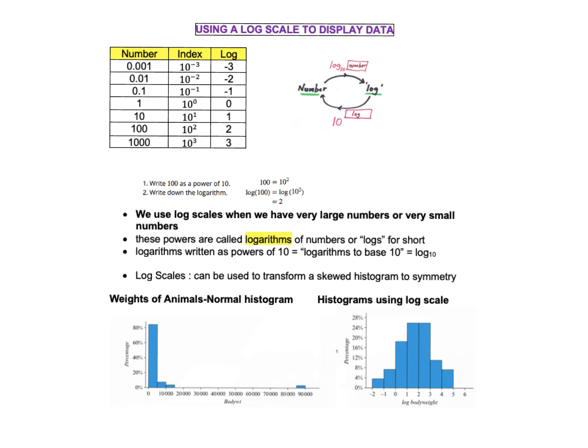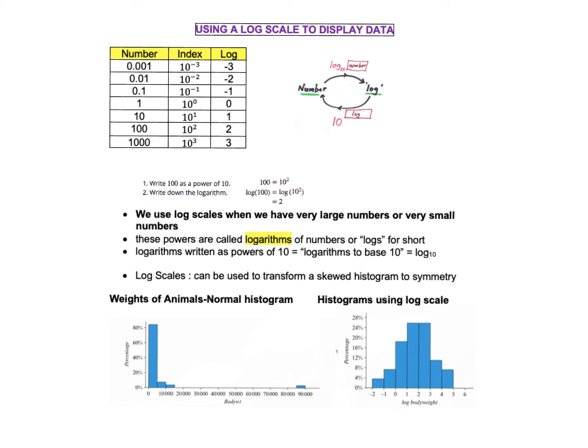All right, so we're going to talk about when histograms have a log scale. When you have a log scale, a log is the way of reducing, compacting the numbers.